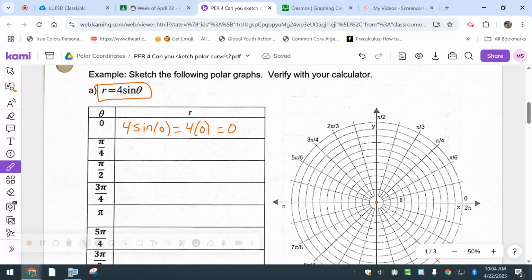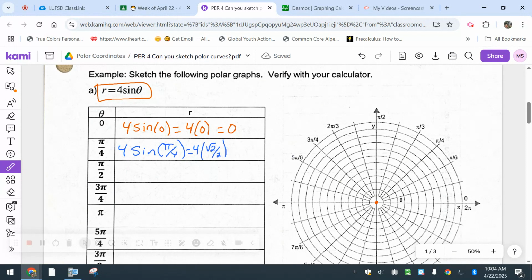Okay, now we're going to substitute in the pi over 4. I'm going to switch colors just so that it alternates on here because it could get a little confusing. Okay, so 4 times the sine of pi over 4. So you just go right to your chart, Jake. What's the sine of pi over 4?